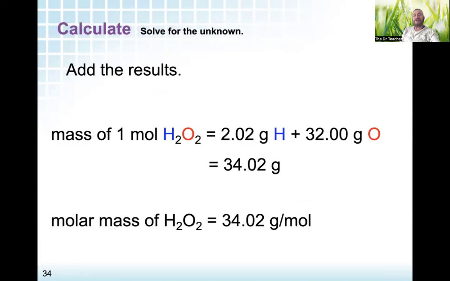So in this case, you have 2 oxygen, 2 times 16, and you have 2 hydrogen, 2 times the mass of hydrogen, 2.02 gram. So together will be 34 gram in the hydrogen peroxide. So the molar mass of the H2O2 will be 34.0 gram per mole for each mole.